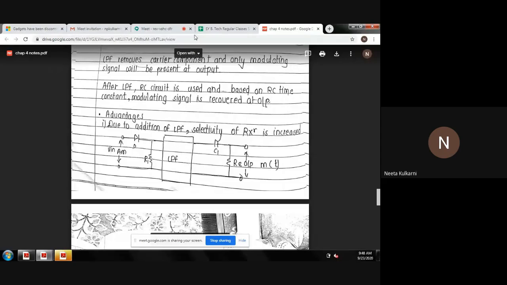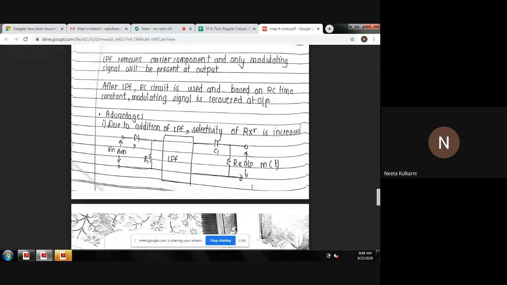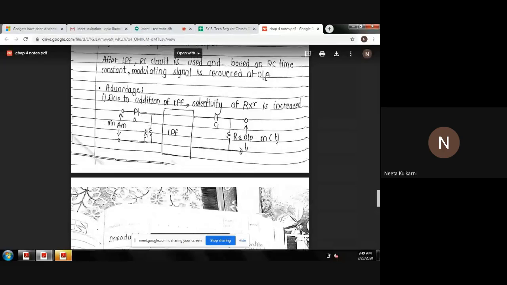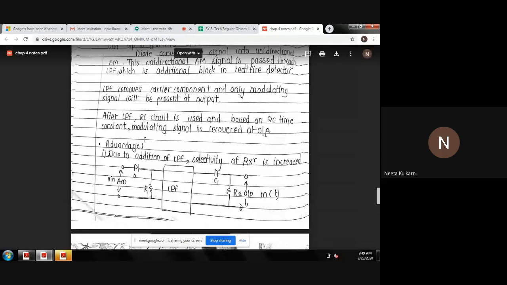Similarly, for detectors also we will see AM detector, then DSB-SC detector and then SSB-SC detector. Okay, then AM detector now we have considered. Now what is the next point?